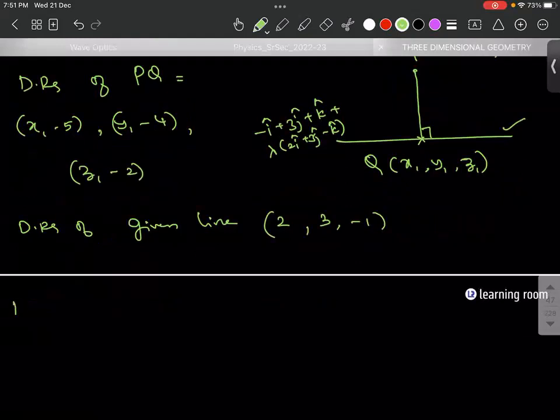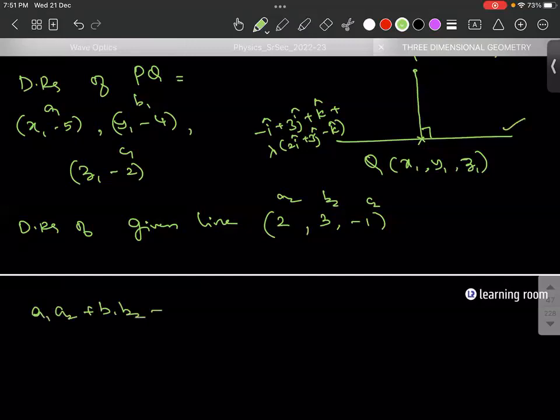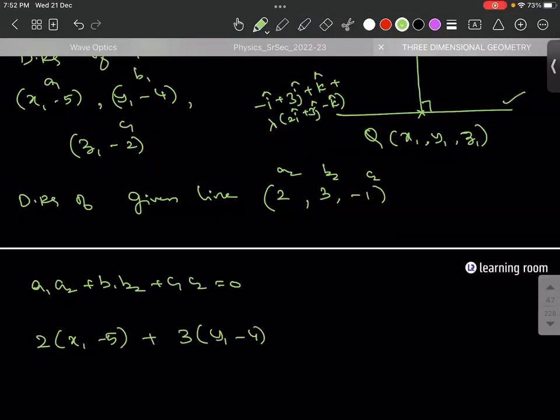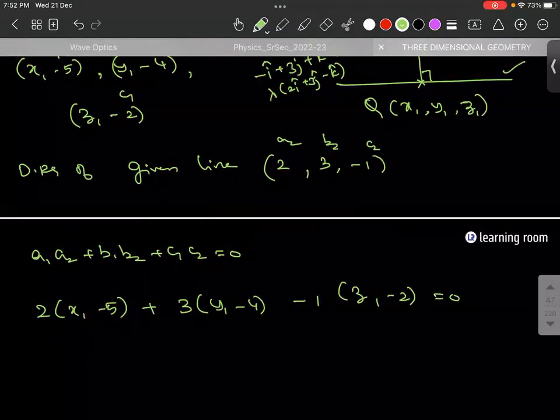So can I say this is A1, B1 and C1, and this is A2, B2 and C2? Since those two are perpendicular to each other, A1A2 plus B1B2 plus C1C2 is equal to 0. So then can I write it as 2 into (x1 minus 5) plus 3 into (y1 minus 4) minus 1 into (z1 minus 2) is equal to 0?